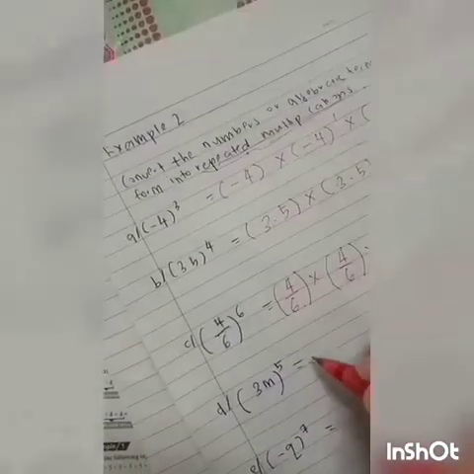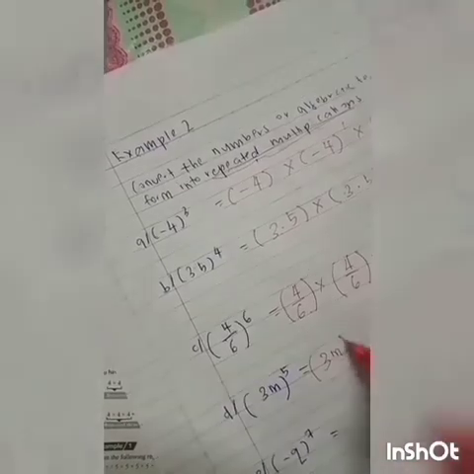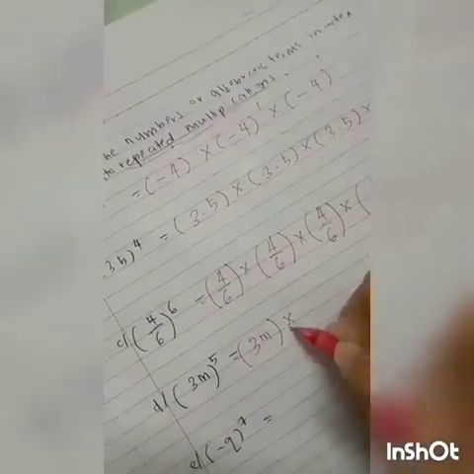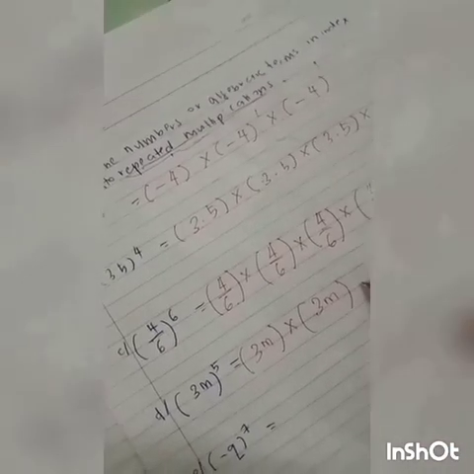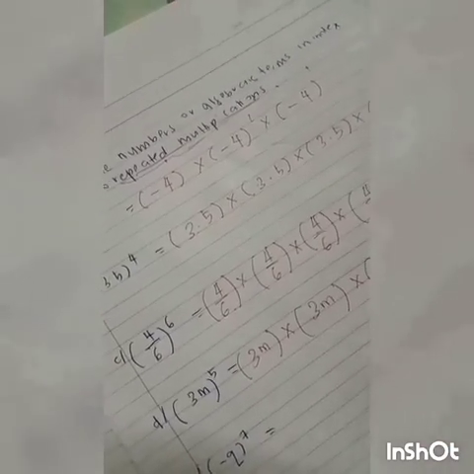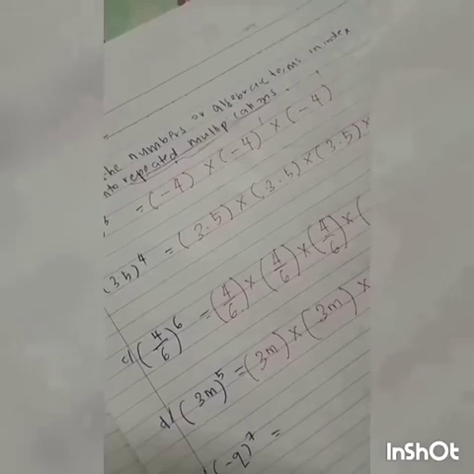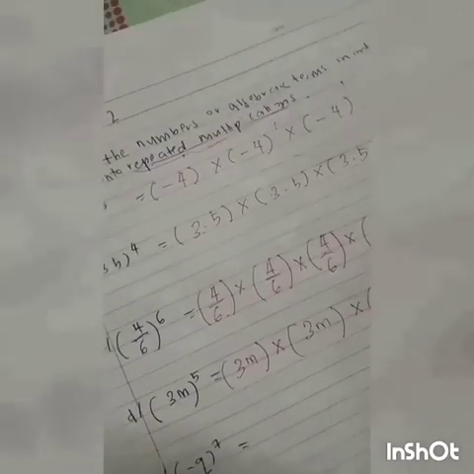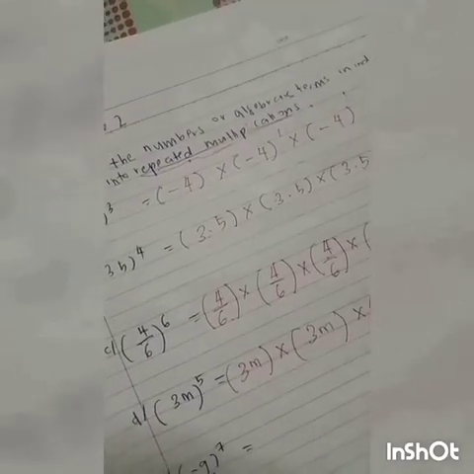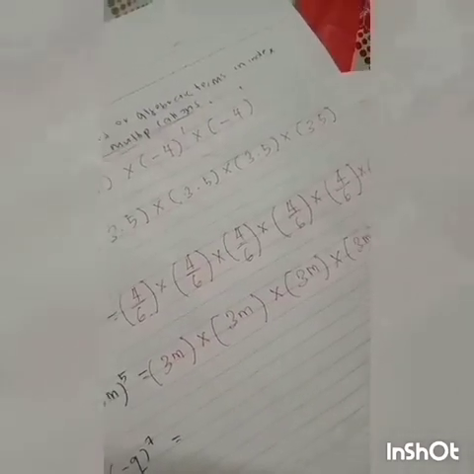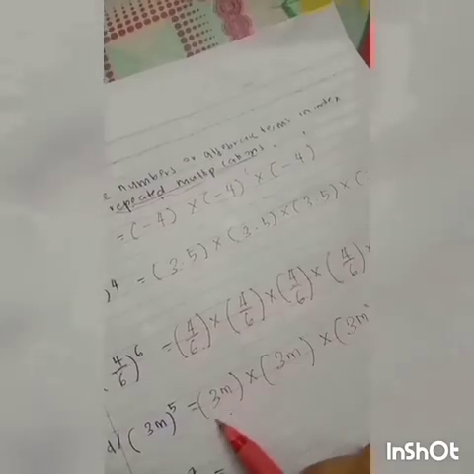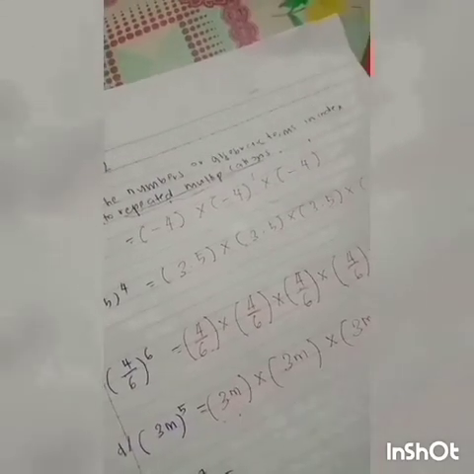So this answer is bracket 3m multiply bracket 3m multiply bracket 3m multiply bracket 3m. So this is the answer for repeat multiplication for question D.